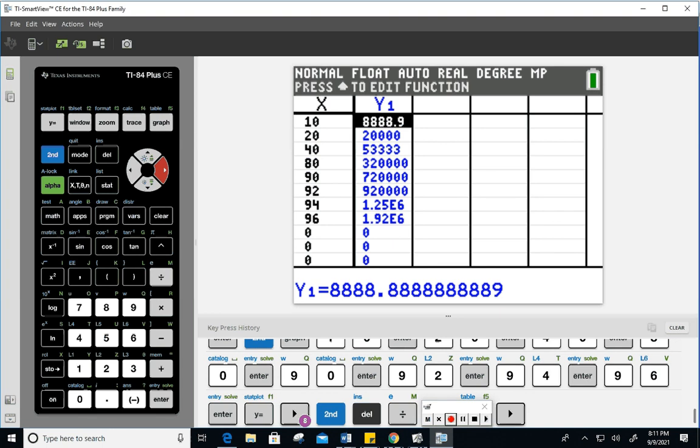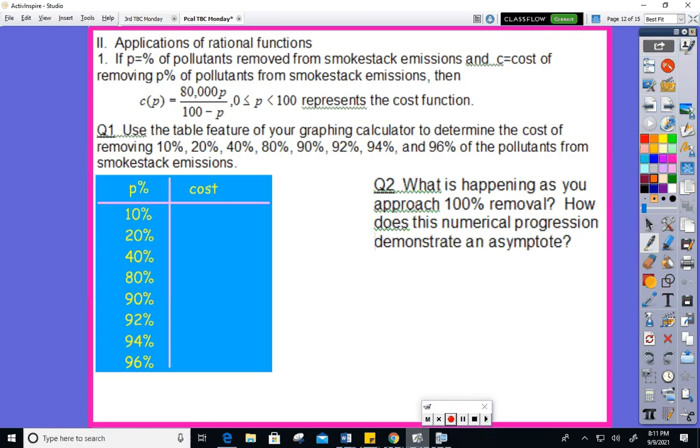So we're looking at dollars and cents. So I'm going to go back and I'm going to enter the values that I can see from my calculator. So I see that to remove 10% of smokestack emissions, it's $8,888.89. I'm rounding to 2 decimal places.